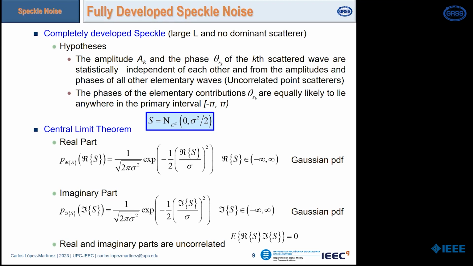That they behave independently. That this leaf does not behave as the other leaf. They are completely uncorrelated. They have no relation between them. This is not totally true, of course, because if there is wind, all the leaves move in the same way. But for the sake of simplicity, I have to do this, okay?